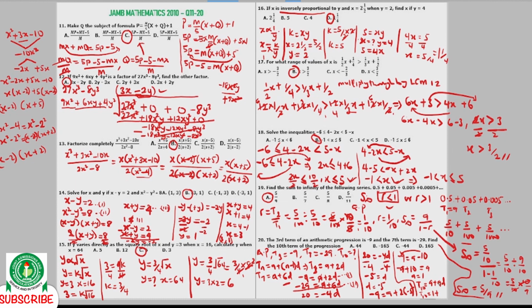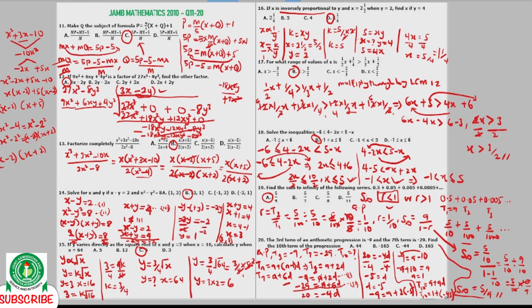So 9 times minus 5 gives you minus 45. So it means that your A is 1, and your 9 is what we get from the expression, multiplied by D, which is minus 5.